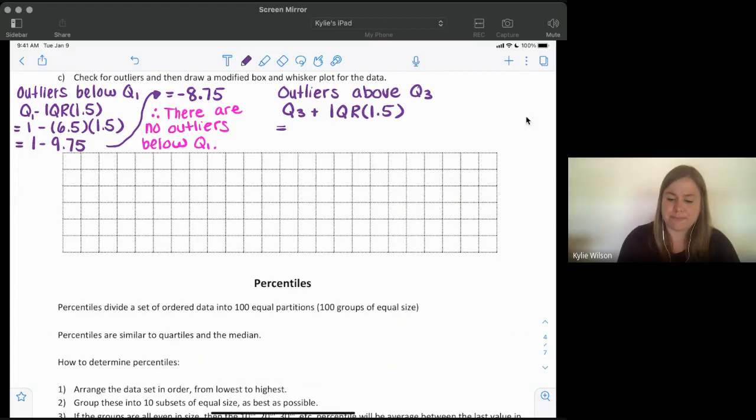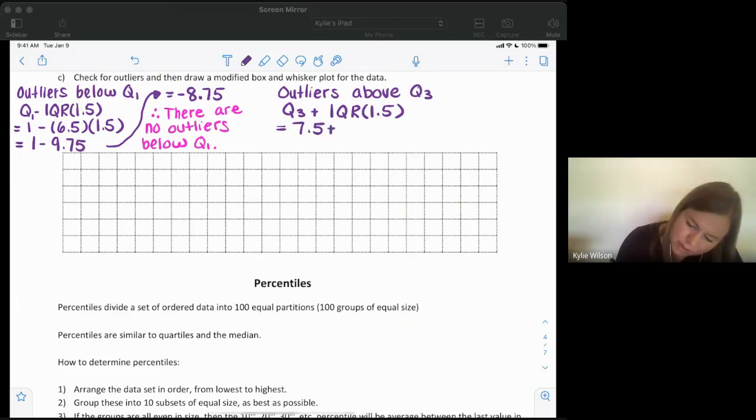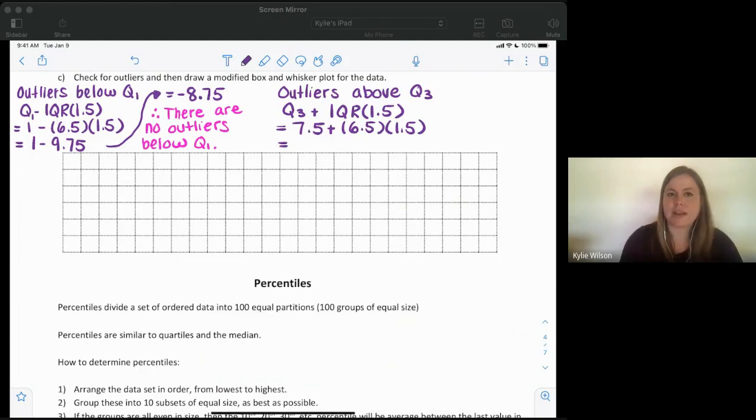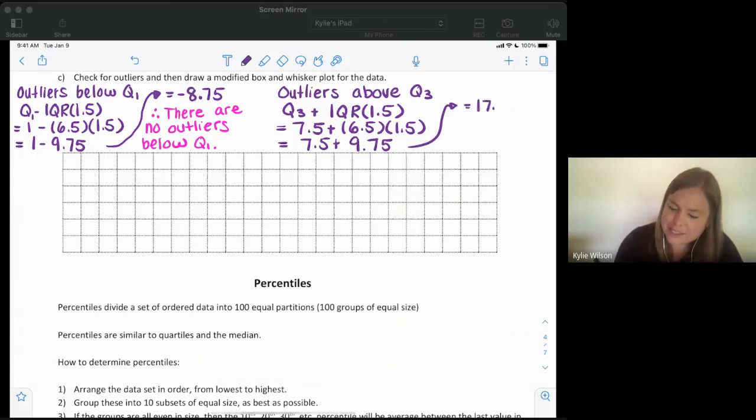So we'll have our third quartile is 7.5. And then we have our IQR, which was 6.5, multiplied by 1.5. So that will give us 7.5 plus 9.75. There we go. And when I put that into my calculator, I should get 17.25.